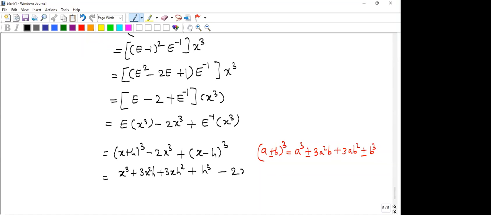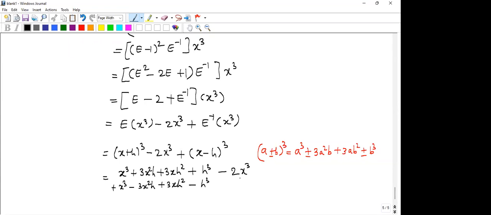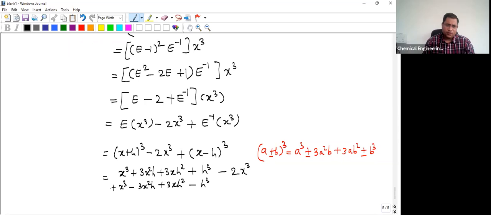This minus 2x cube remains as it is. For this, what we can have is plus x cube minus 3x square h plus 3x h square and minus h cube. Getting this now?